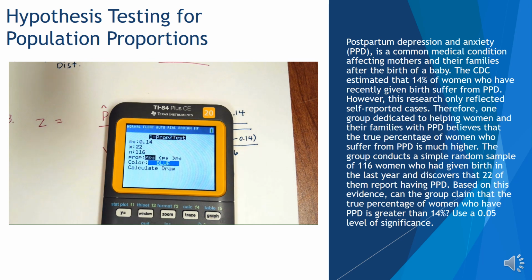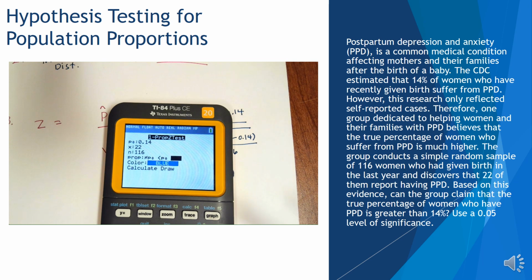Our alternative hypothesis was that the proportion was greater than 0.14, so scroll over and select that. Then go down to calculate. Again, if you hit draw, it's going to draw you the little rejection region, if you prefer that method. So we hit calculate, and there we have it.